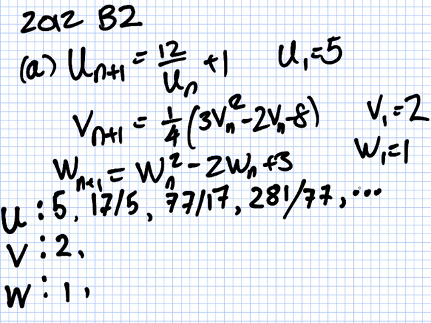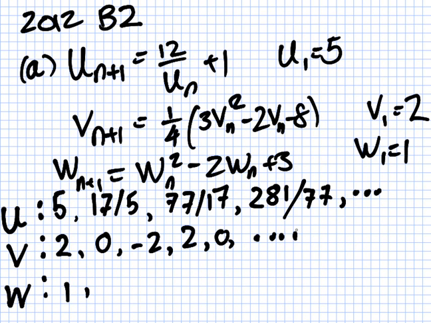Okay, the next one we put 2 in, so we have 1/4 of 3 times 2 squared minus 2 times 2 minus 8, so 2 goes in, and then the next term is 0, and then the next term looks like it will be minus 2 when I put it back into the formula, and so on.